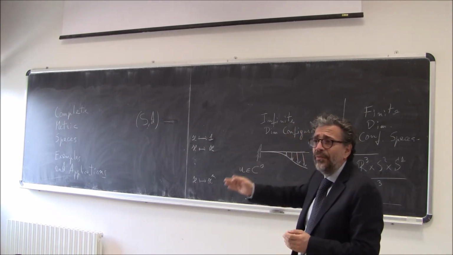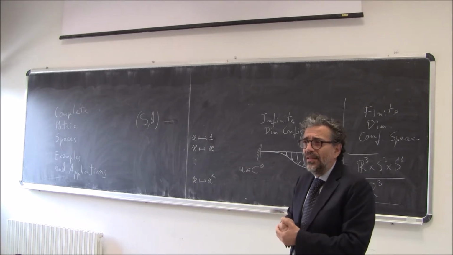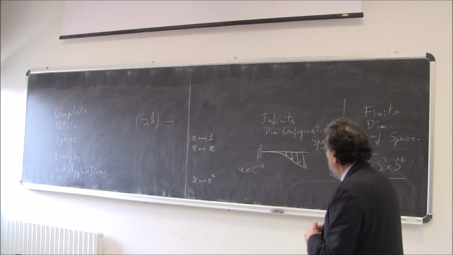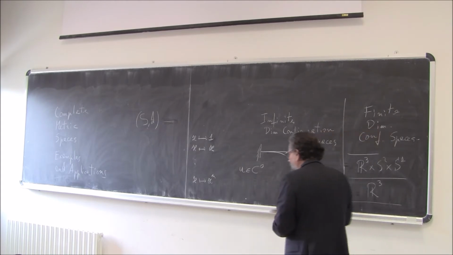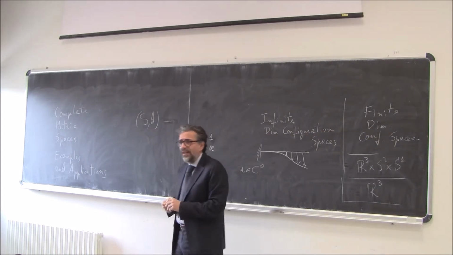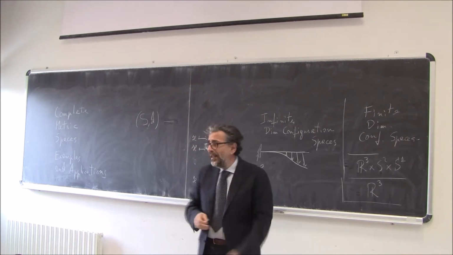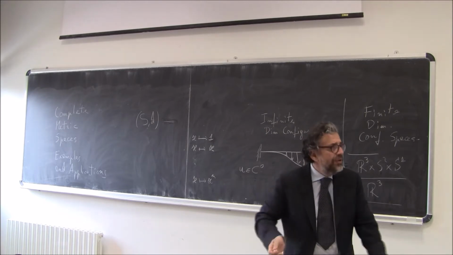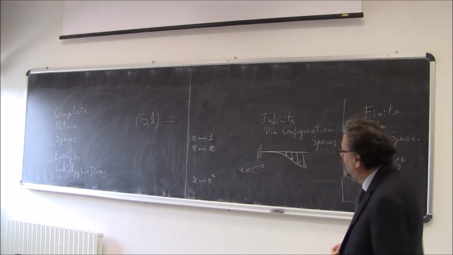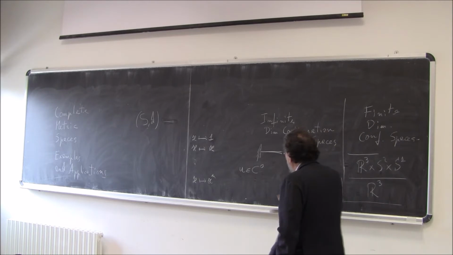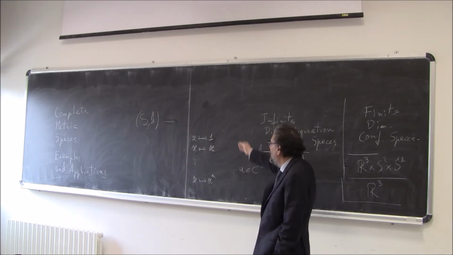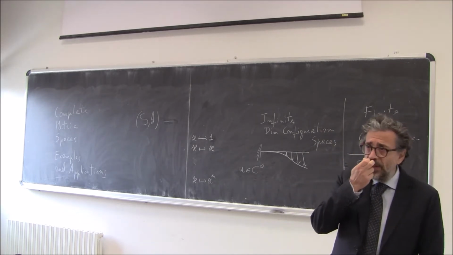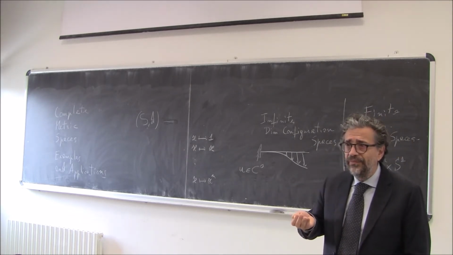The cardinality of this set is the cardinality of natural numbers, so it is a numerable infinite set, and they are all inside C0. So there is no chance to represent every vector in C0 as a linear combination of a finite number of elements of C0.